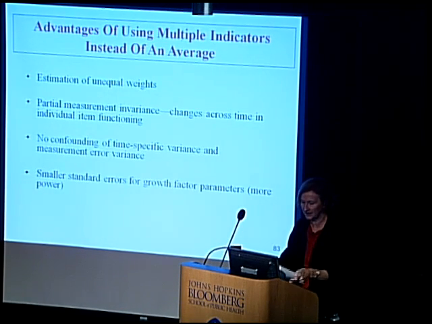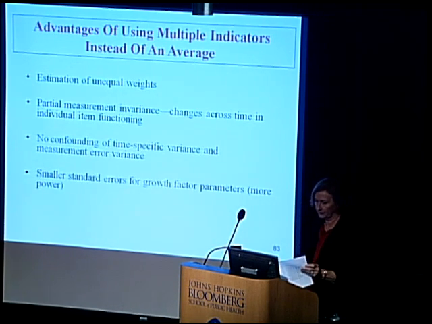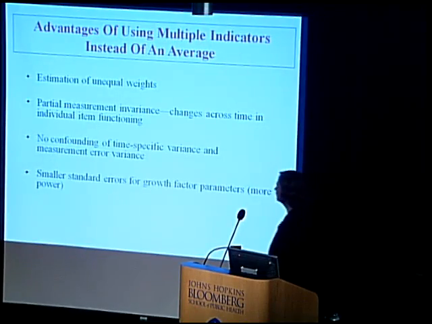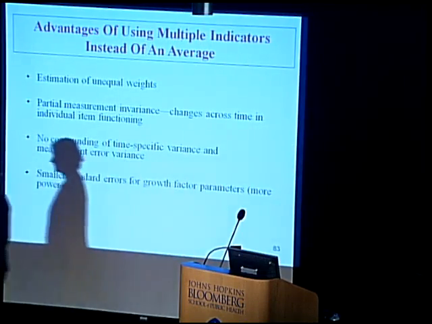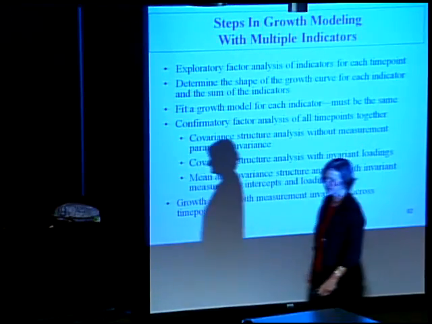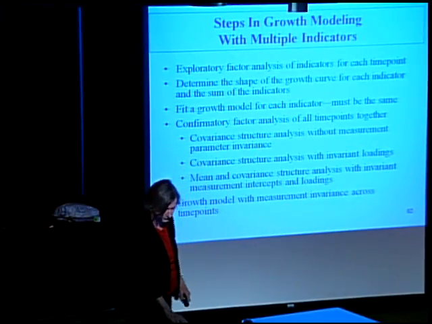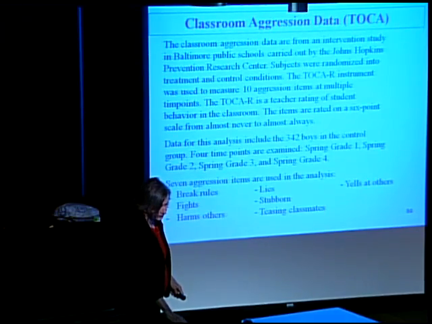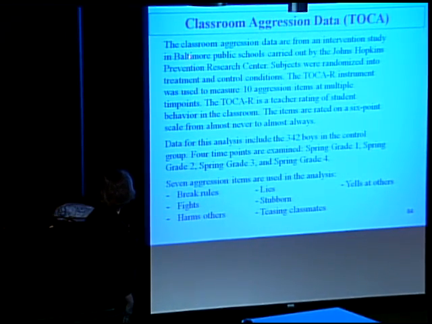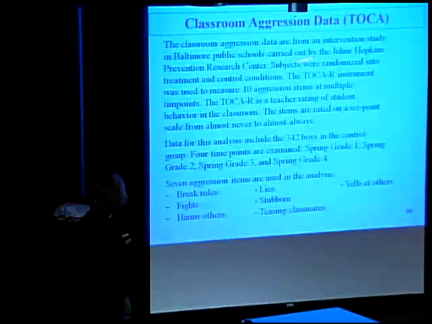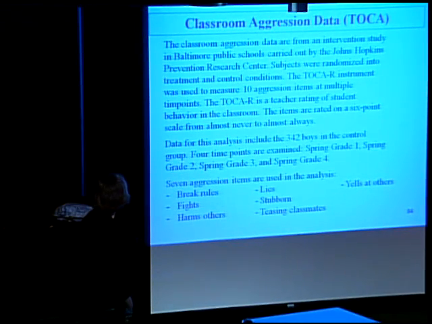So what we're going to look at here is classroom aggression data, the same data that Bengt talked about in his treatment control study. The data are TOCA data from the Baltimore Public Schools, research carried out by Johns Hopkins.